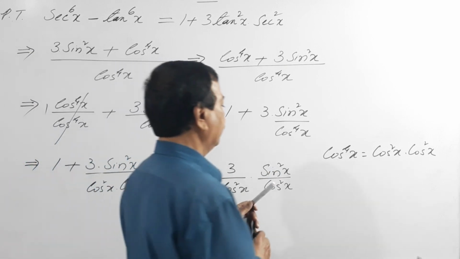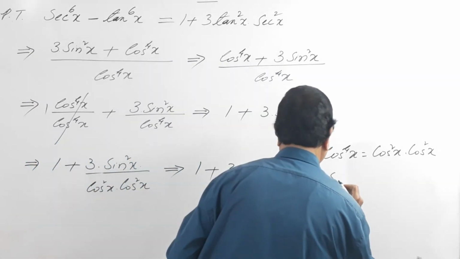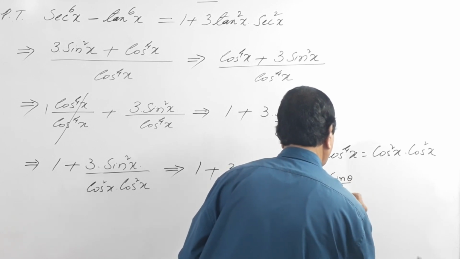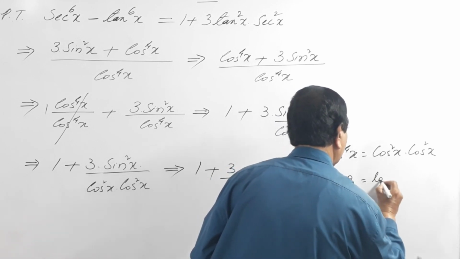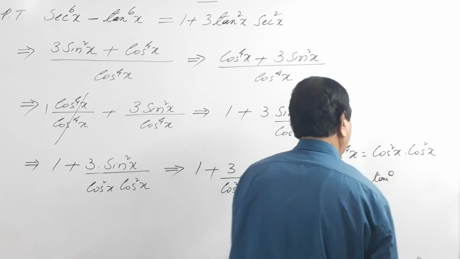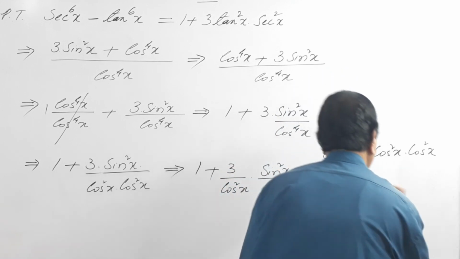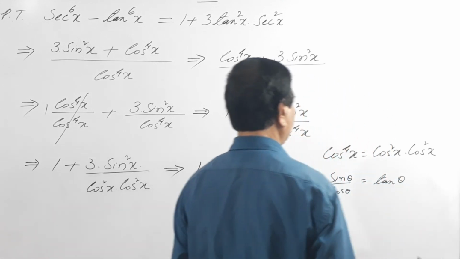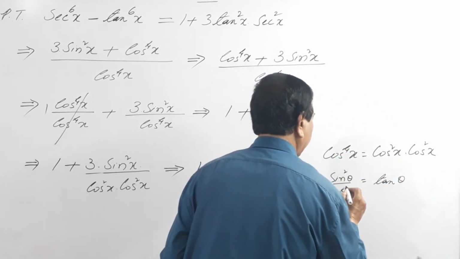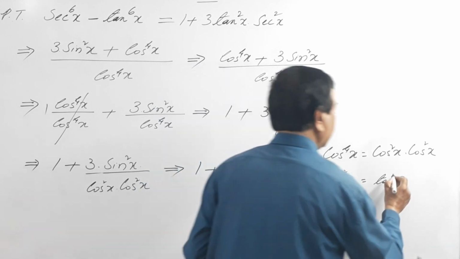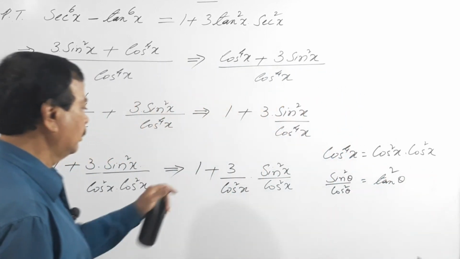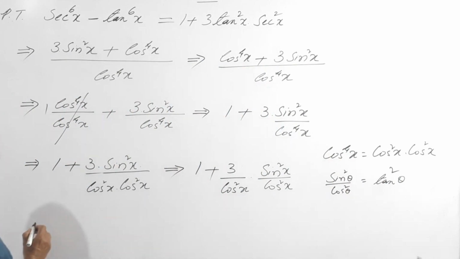So we have sin theta by cos theta is tan theta. Supposing you have sin square and cos square, this becomes tan square theta.